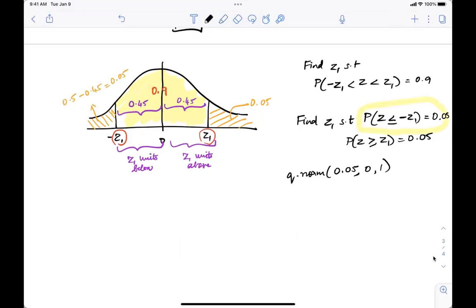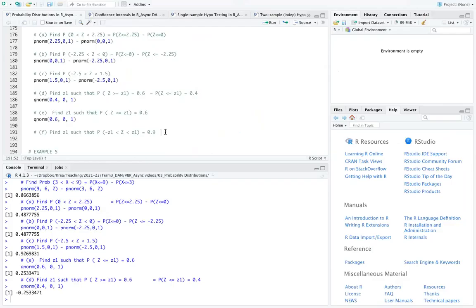So going back to my RStudio, this is actually nothing but P of Z being less than or equal to minus Z1 is equal to 0.05. Now, the thing to note here is that it's going to give us the point which is minus Z1.